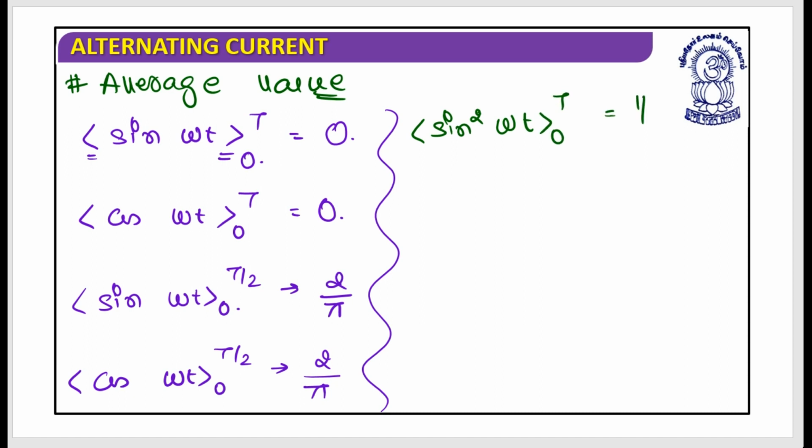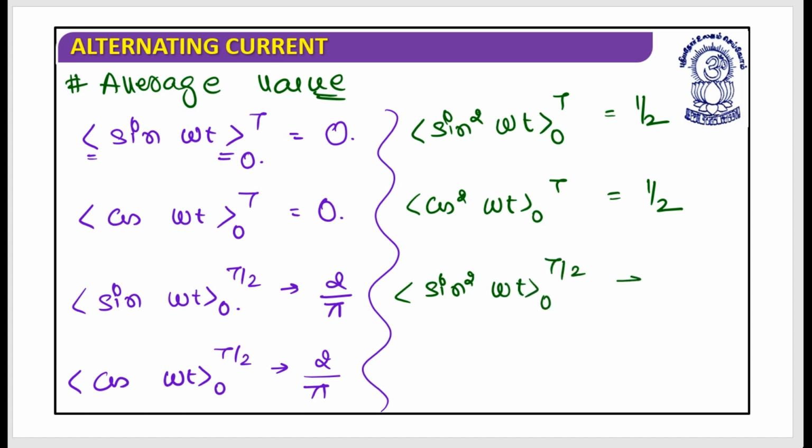Now let's talk about sine square omega t from 0 to t. The average will be 1 by 2. Please do remember this. The same holds for cos square omega t from 0 to t, again half. For half of the cycle, sine square omega t from 0 to t by 2 is again half.